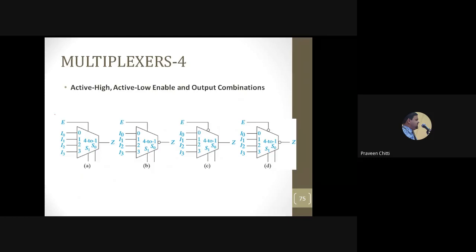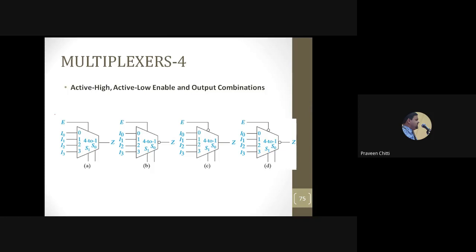And this is what is shown. The different arrangements of the enable in the 4:1 mux are shown. In the first case, what is shown? All four combinations are different. If you take figure A, this particular mux is called an active high mux.